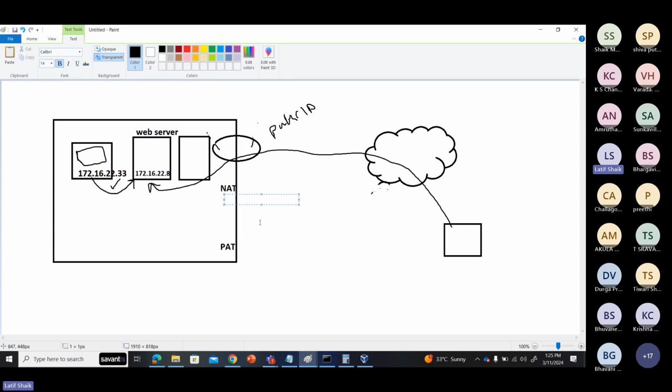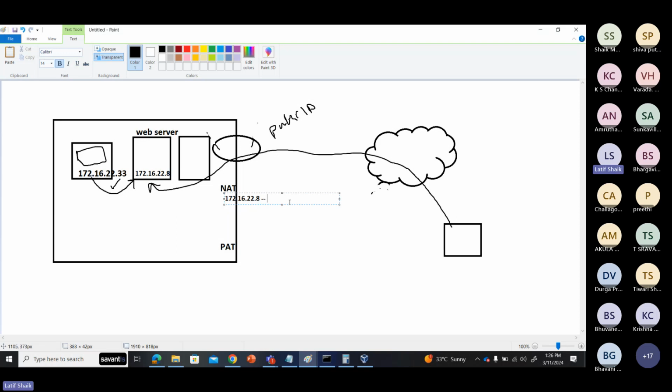How many servers do you want to get communicated from outside, or how many systems do you have which are required to communicate to public? For example, this is my server. This server has a private IP, and I purchase a public IP address and assign it to it.